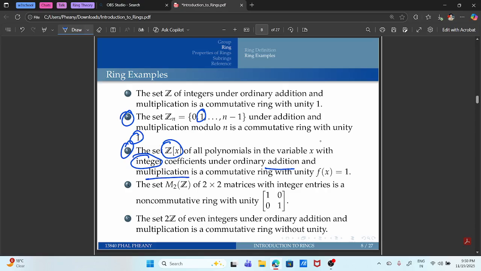We know that a ring has two binary operations, addition and multiplication, and this is also a commutative ring with unity f(x) equal to 1. Suppose we have x squared plus 2x plus 1 times 1, which is f(x) times 1. It remains the same, x squared plus 2x plus 1. That is called the identity.